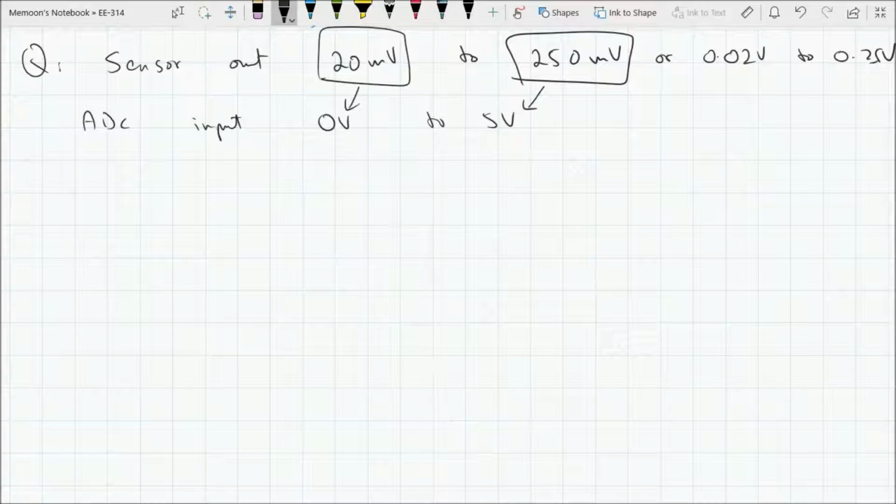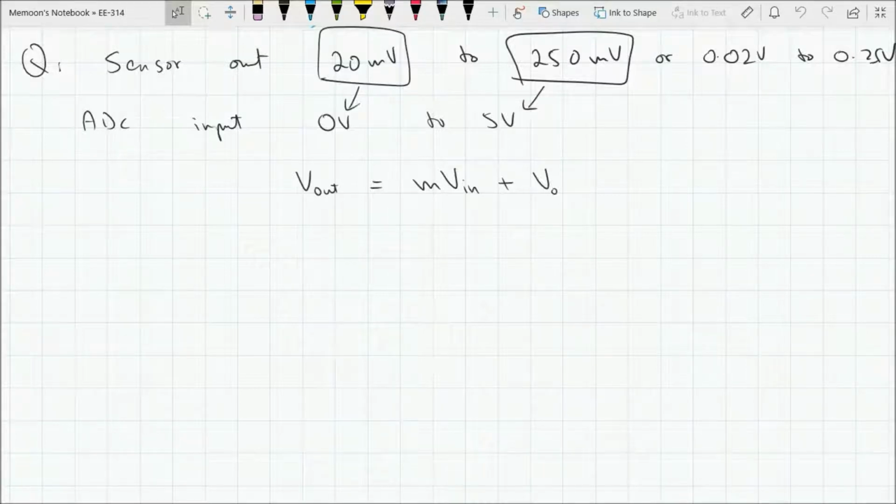Normally, in the case of operational amplifiers, we know that V out is equal to M V in plus V naught. This V naught is not V output, this is the offset. So let's make two equations of that.